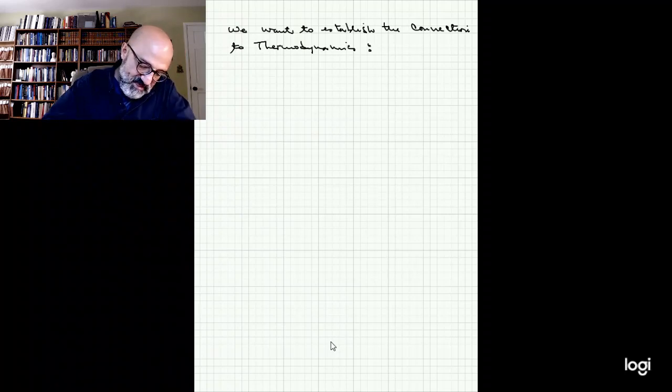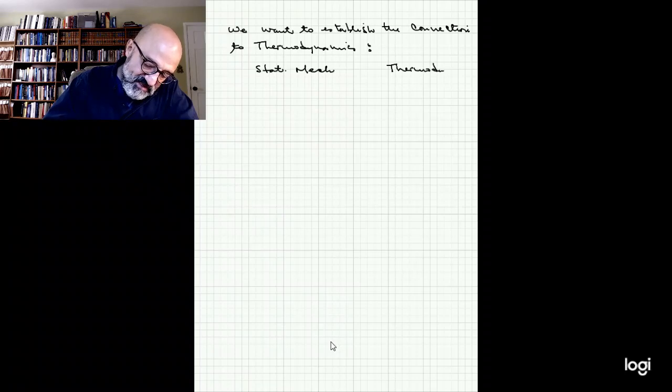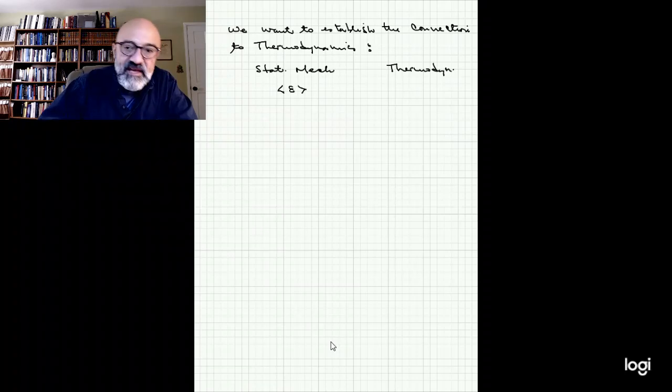And what that means is that we would like to have a connection between, say, so if we put here the statistical mechanics and here we have the thermodynamics, we would like to establish a connection between the expected energy and the internal energy.